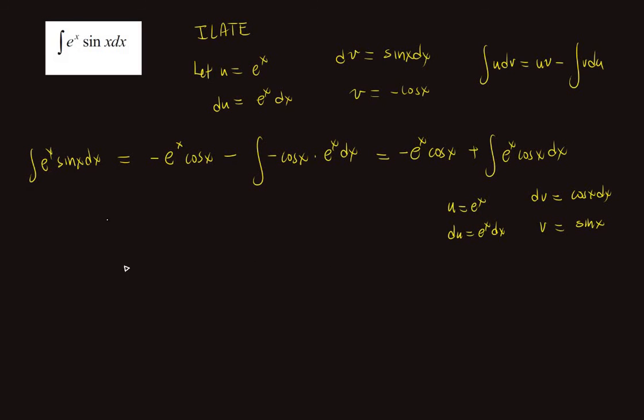Perfect. Now we keep going. This is equal to, let's rewrite this, minus e to the x cosine of x, plus.